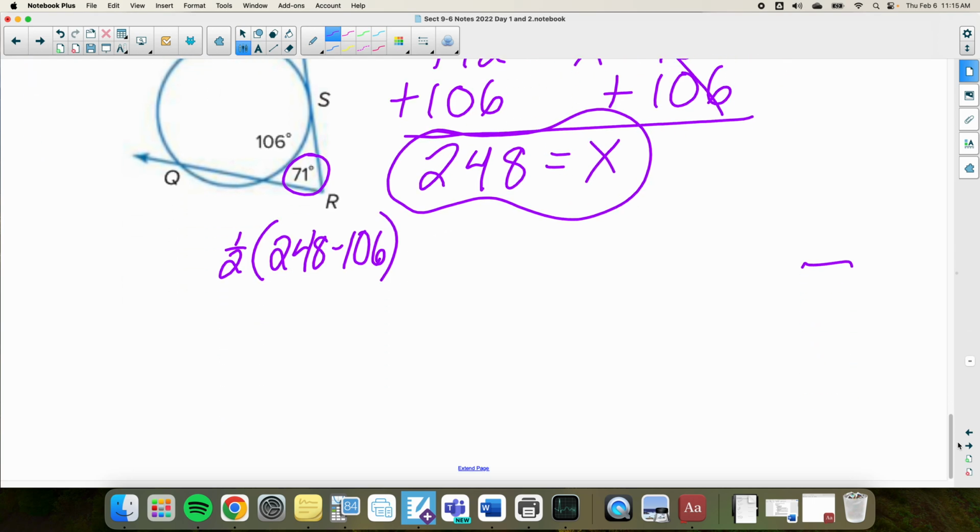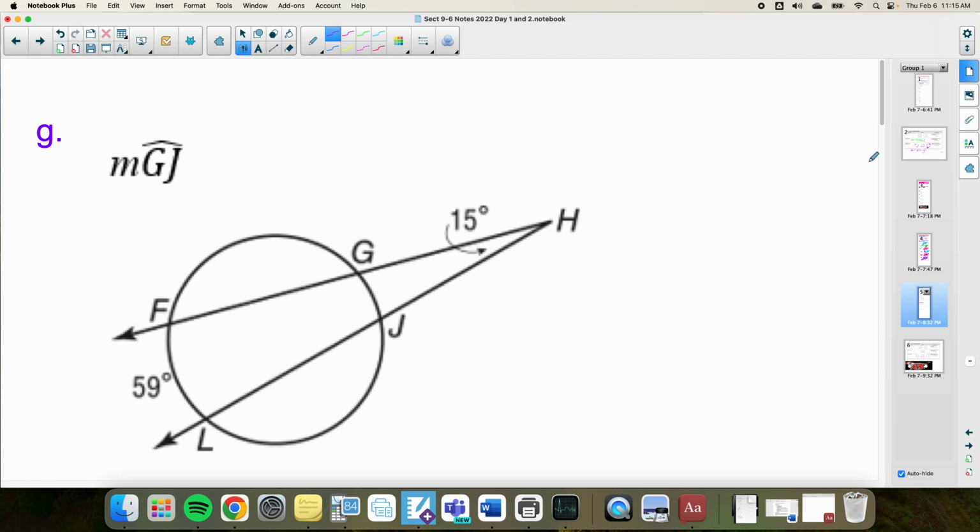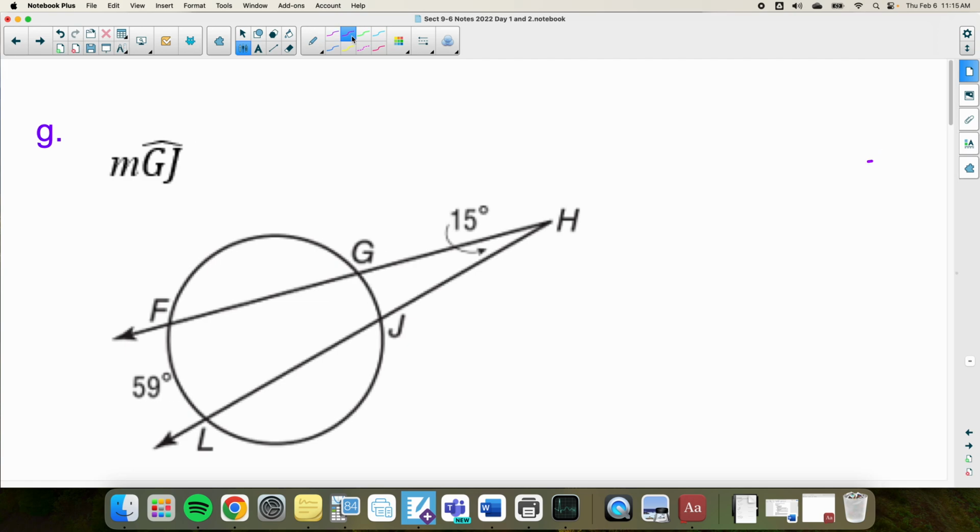Okay? Now let's go to this page here. Now this time I don't know this arc, so I'm going to call that x. And again, we're going to have to use algebra. So I'm going to say that angle is equal to 1/2 times the farthest away arc, which is 59, minus the closest arc, which is x.